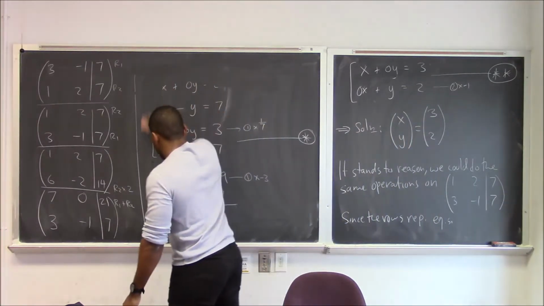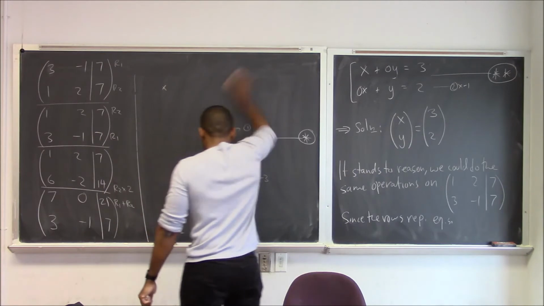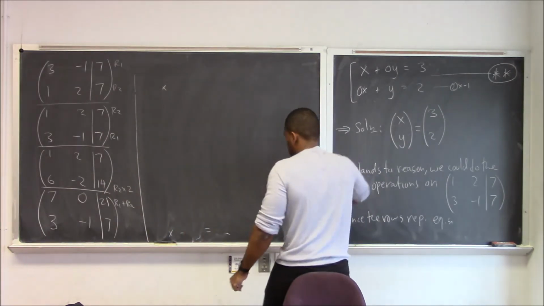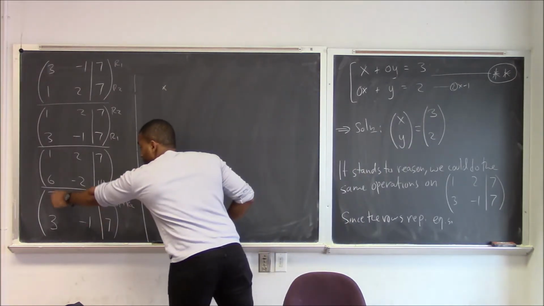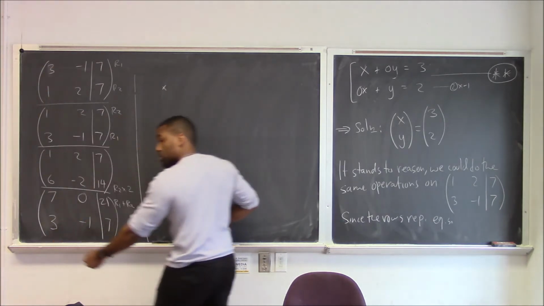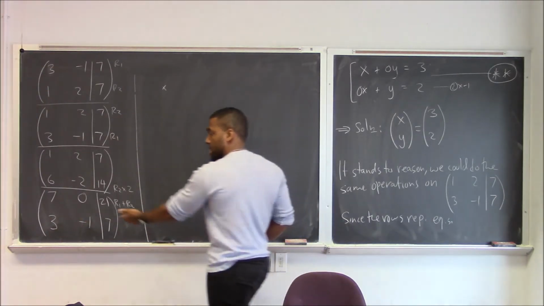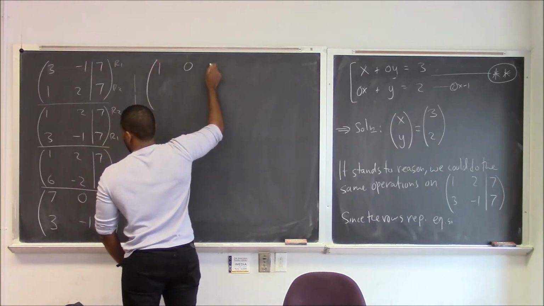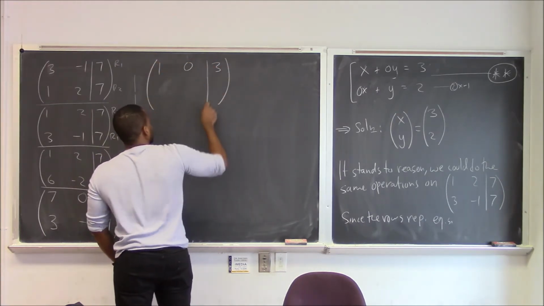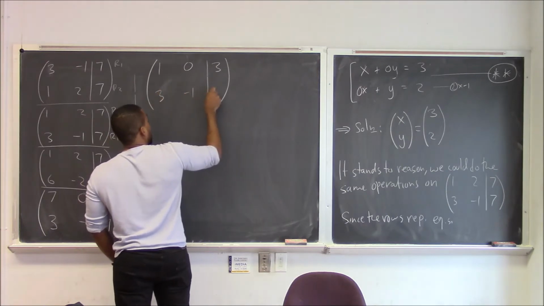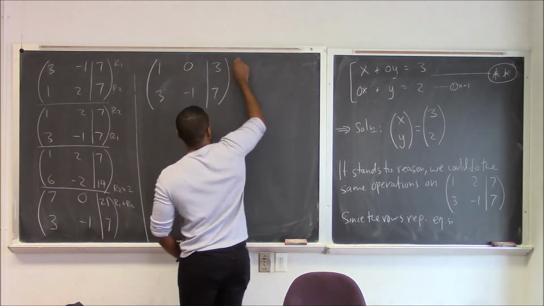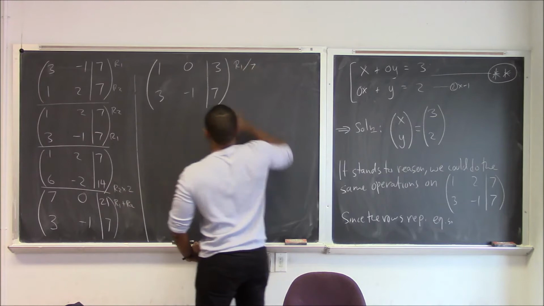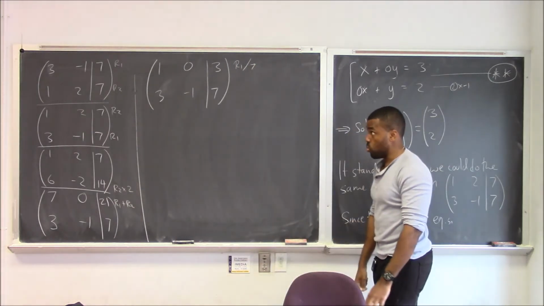What was the next thing we did? Well, we decided to get into a nice form to solve for the x. Because I understand that the 7 really is the coefficient of x. Everyone in the first column is going to be a coefficient of x. I decided to divide the first row by 7. This gave me 1, 0, 3. So I took row 1 and I divided by 7, or I multiplied it by 1 over 7.